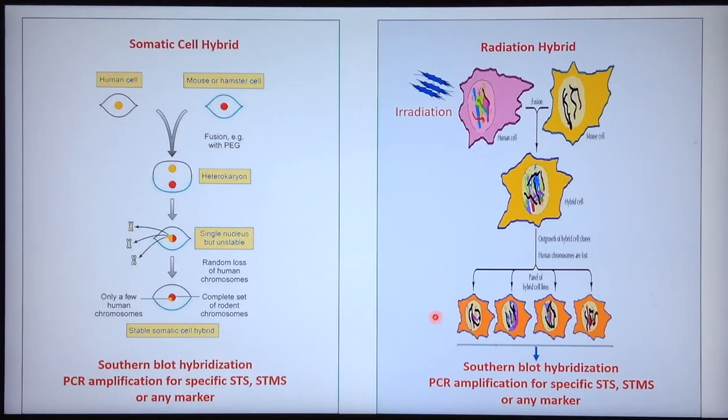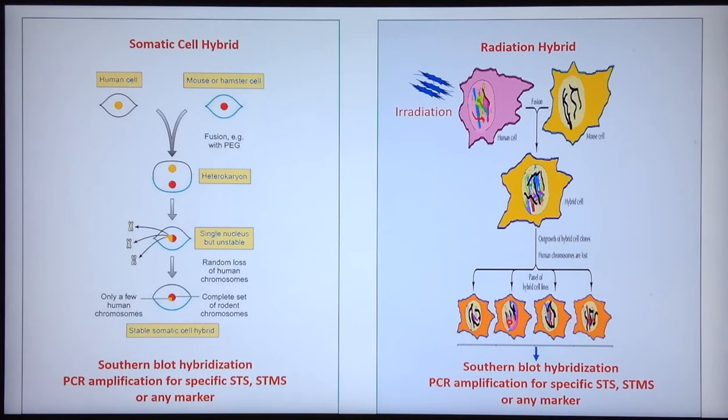So identification of the human chromosome present in this panel of radiation hybrids can be done in two ways. Either these cells can be typed by PCR. Let's say we are trying to find out where a particular sequence X is present. We can use primers specific for X and type all of these.